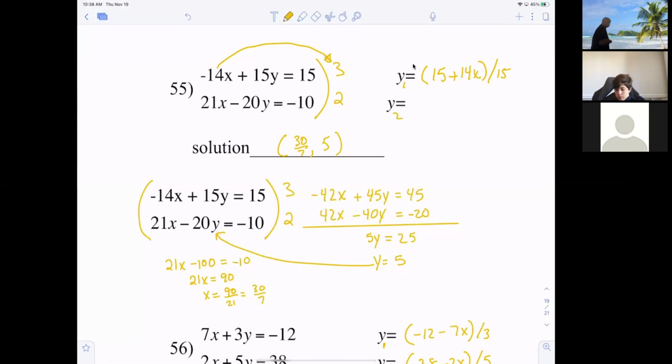Now, Y2, parentheses, negative 10 minus 21x, divided by negative 20.